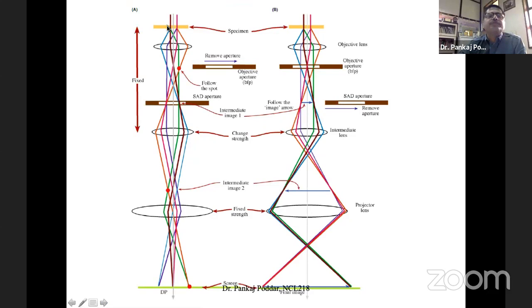So let us start from the specimen. We are not discussing the illumination zone. We are just looking at the lower part. You have this lower objective lens, and this is your selected area electron aperture. There are two cases here. I'm sorry, I'll just move this.